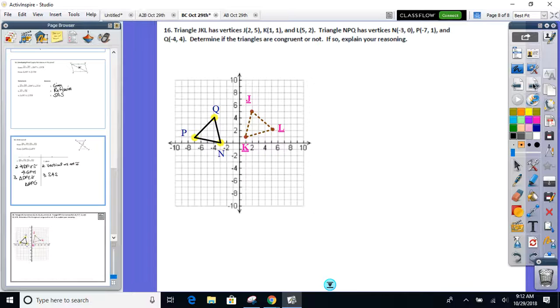All right, so we got them graphed. It says determine if they are congruent or not.